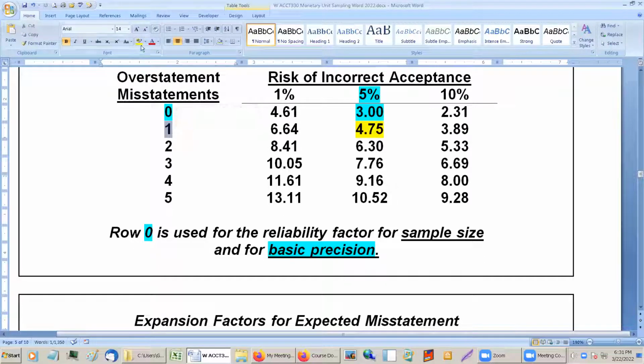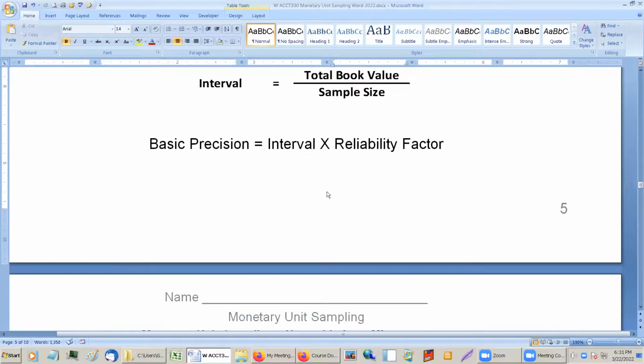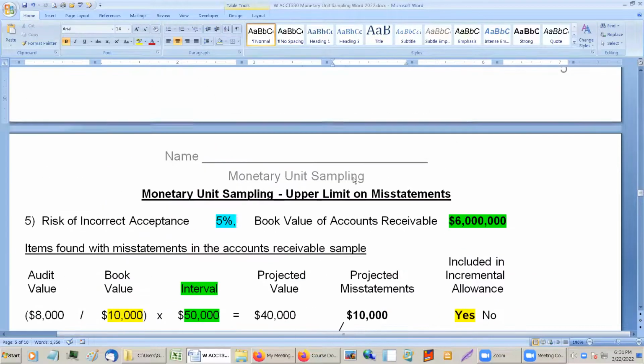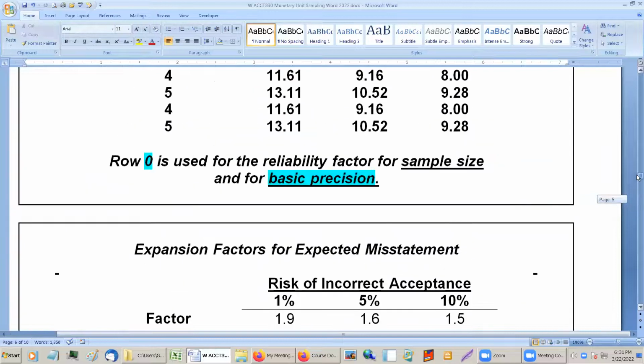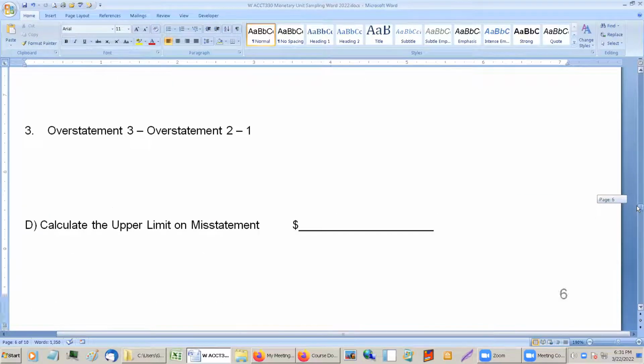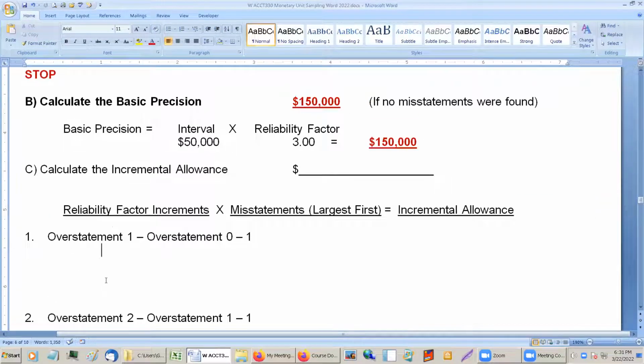So here's overstatement 1. We're going to subtract overstatement at 0, the reliability factor, and then minus 1 from it. See here. So this was 475, 475. Okay.